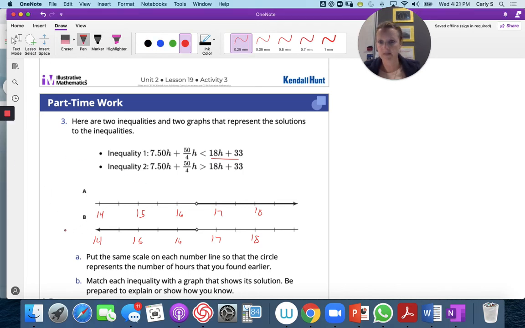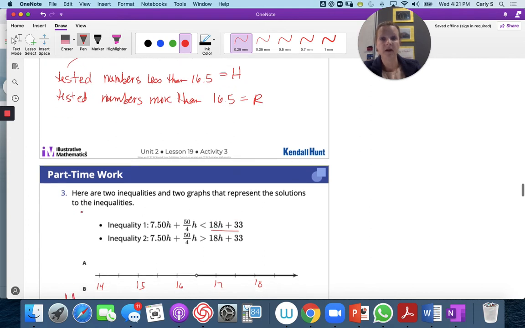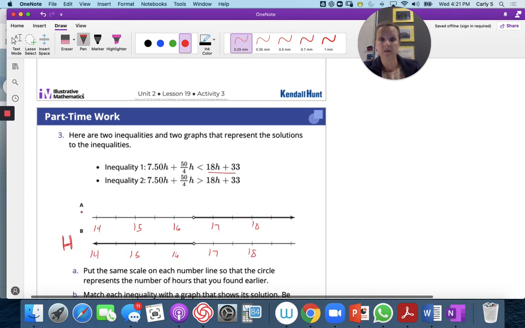So that would represent graph B. If I go back up here and read it, we tested numbers less than 16.5 and the hotel was more money. And then we tested numbers greater than 16.5 and the restaurant made more money, and that was graph A. Okay.